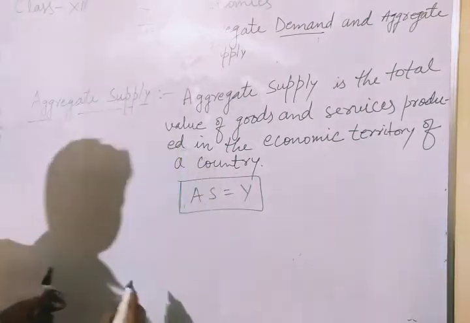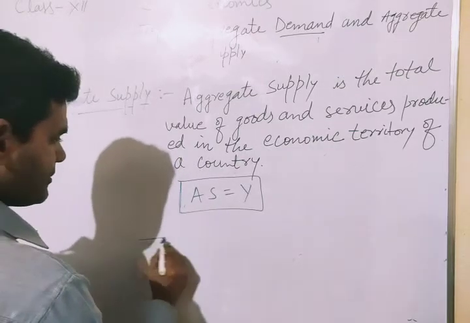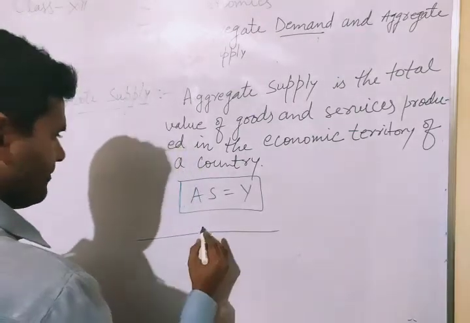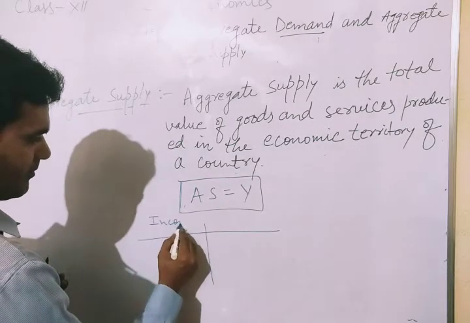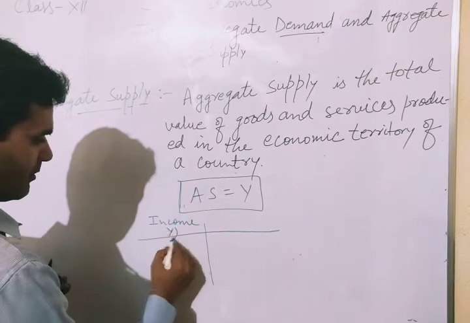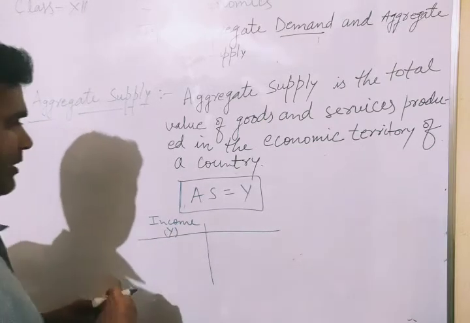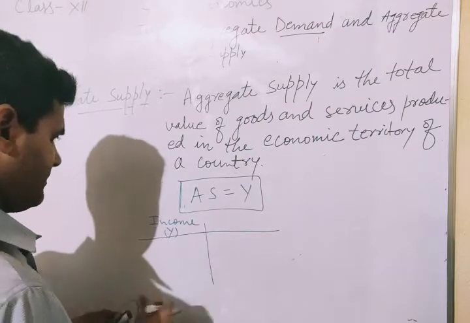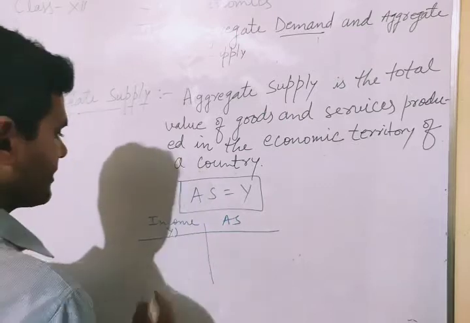Let's understand with the schedule. Suppose this is the schedule. Here we measure income, which is denoted with Y, and here we measure the aggregate supply, AS.